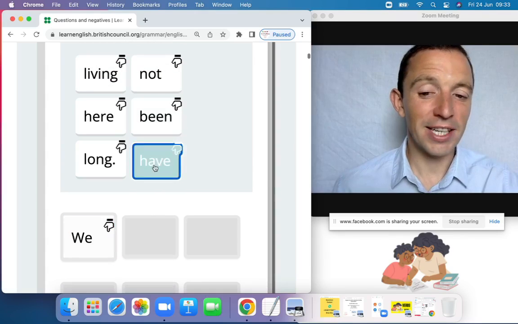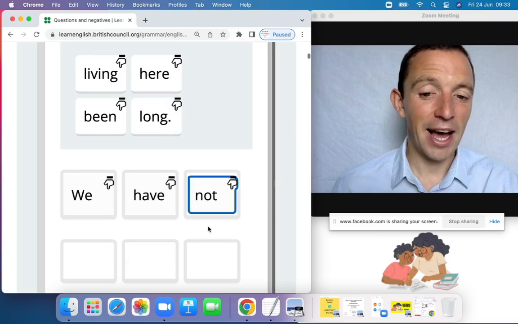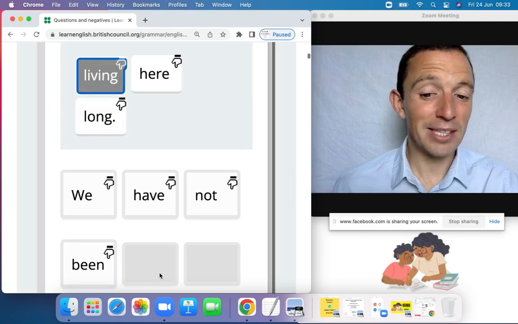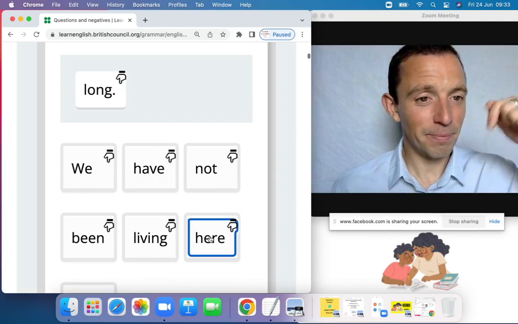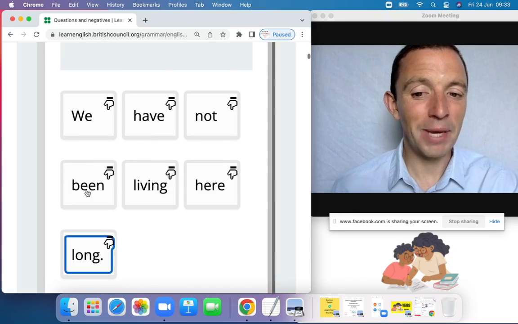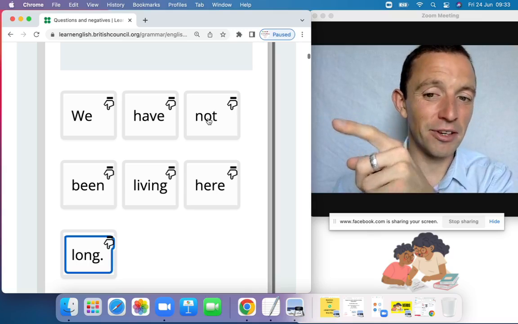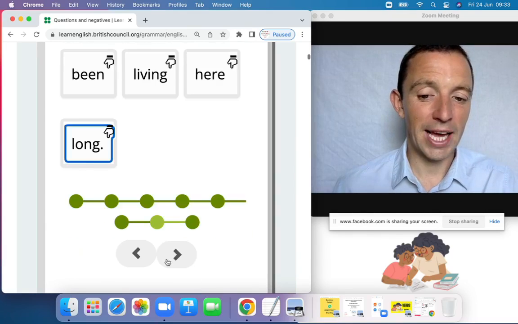So the first part is have because it's the present perfect, have been, and the negative is not, have not been, living. So that's the present perfect continuous in the negative. Here is the location. Long is the adverb. We have not been living here long. So the position of not is after the first part of the verb. Okay, and last one.